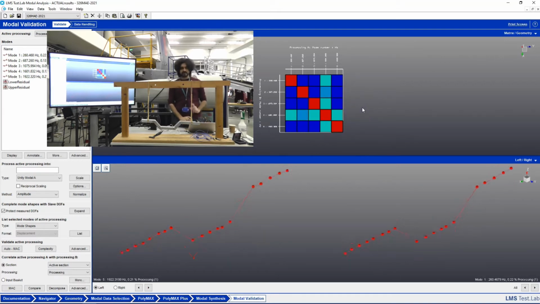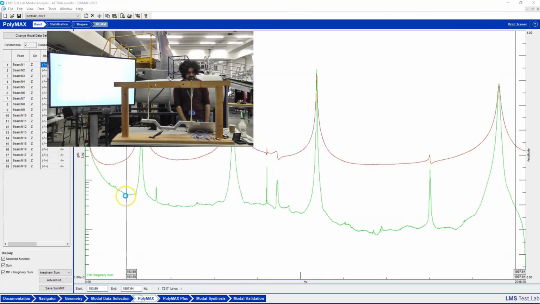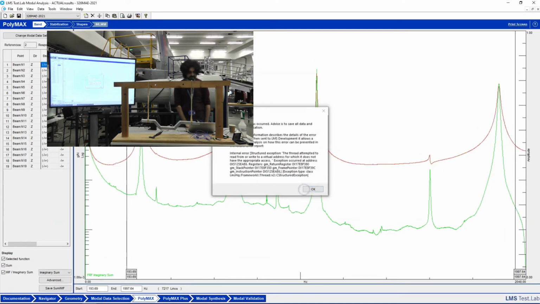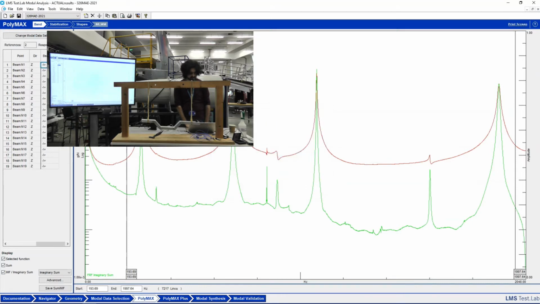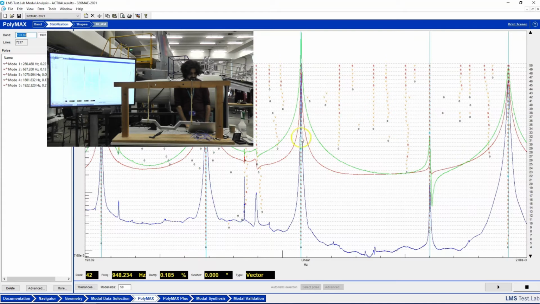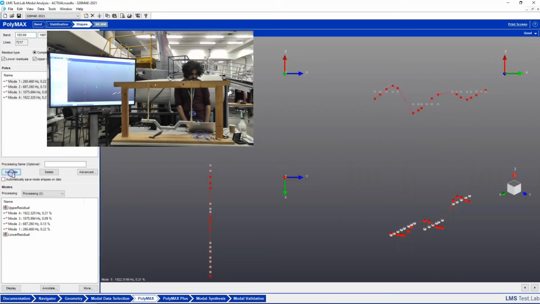So ideally what I will do now is go back to my analysis. Since I don't like it, I will unpick mode 4, because I'm only interested in the global behavior of this beam. And I will recalculate the shapes. I now have only 4 modes.